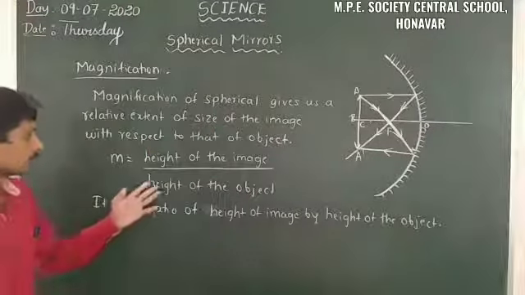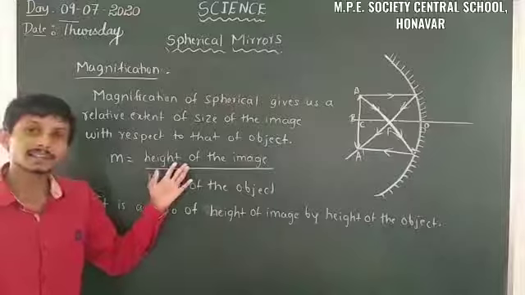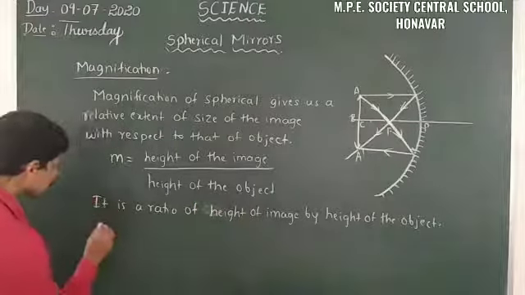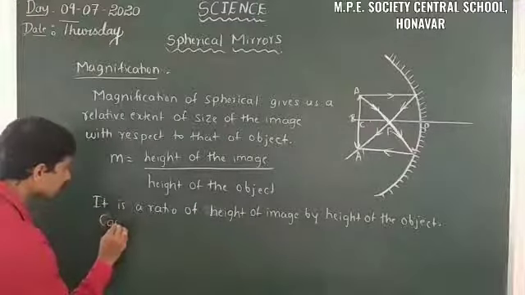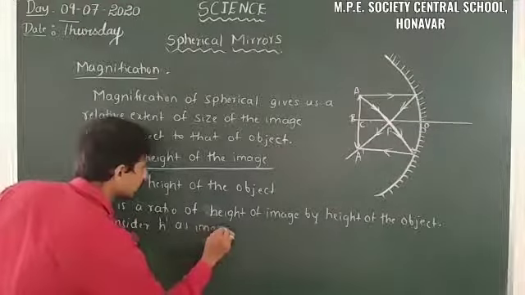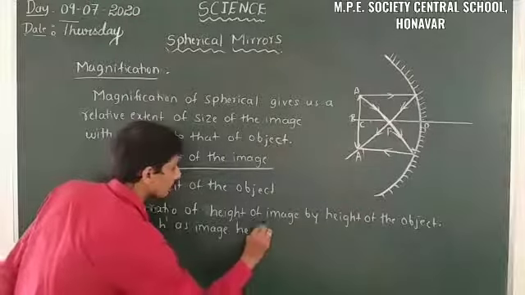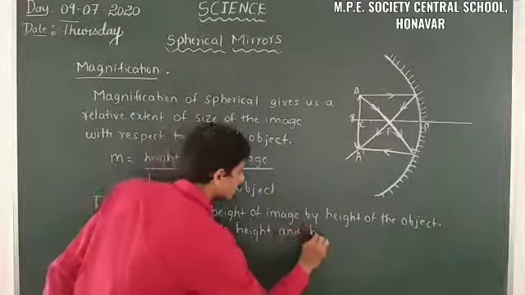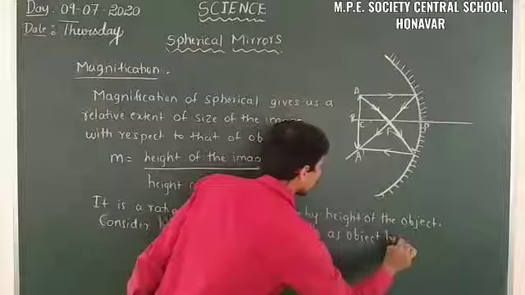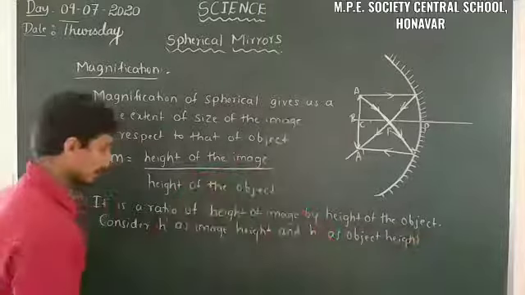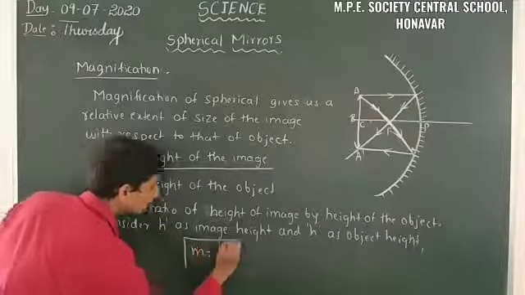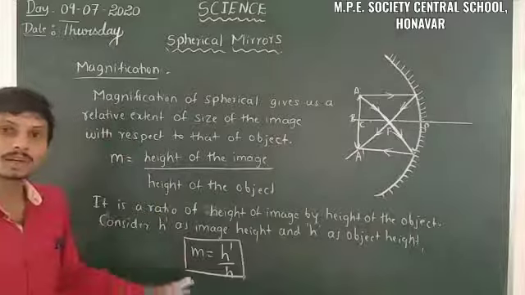The height of the image I will consider as h dash, and height of the object I will consider as h. If we consider h dash as image height and h as object height, then m is equal to h dash by h. This is the formula we use to calculate the magnification.